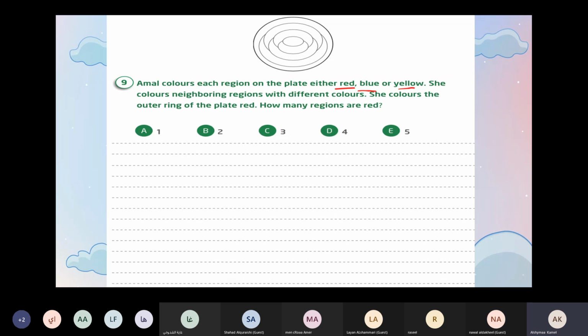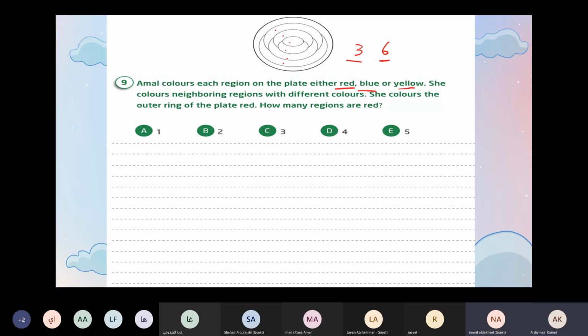How many pieces do we have here for the plate? 1, 2, 3, 4, 5, 6. So 3 colors and 6 pieces. So each color I will color how many pieces with the same color? Wait a second. I have 3 colors and 6 pieces. 2.